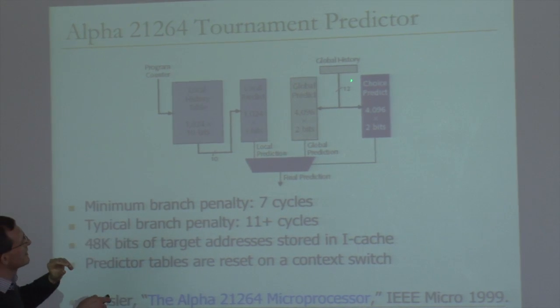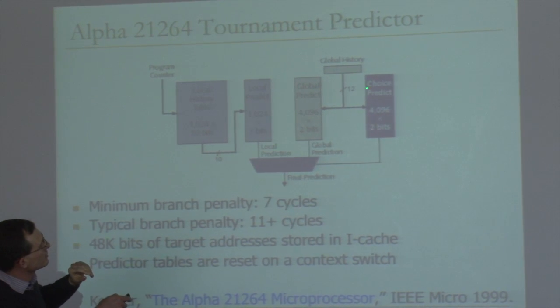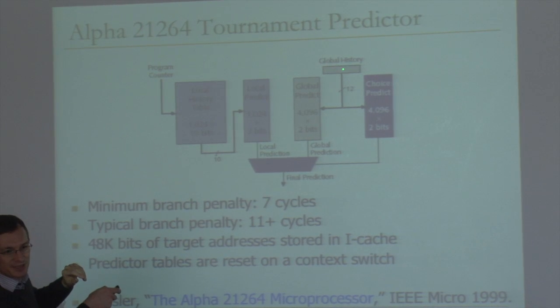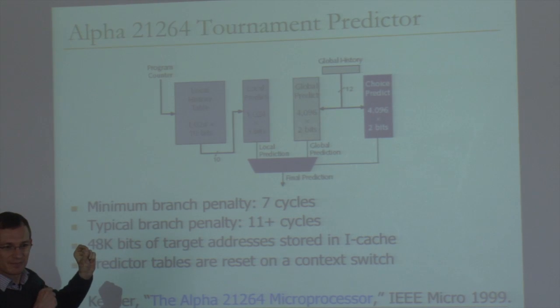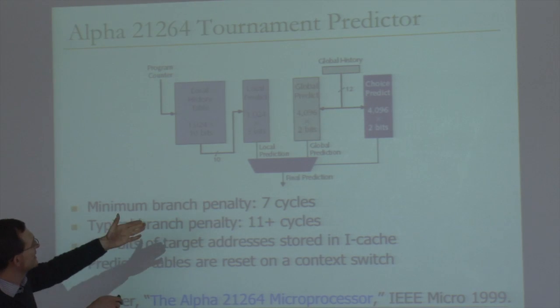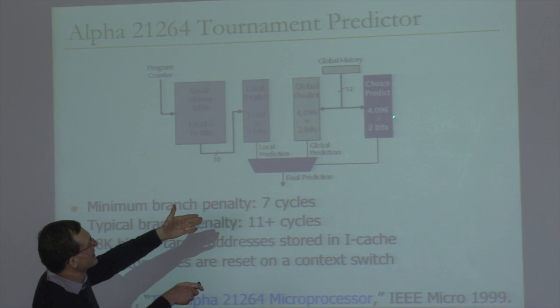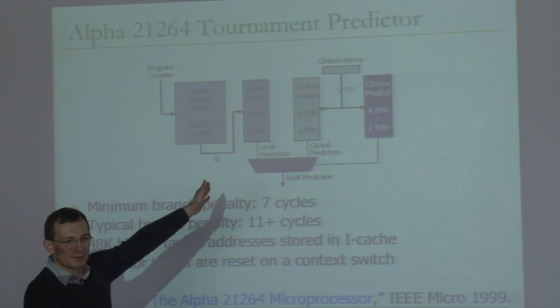How do you make that decision? Basically, the choice predictor is indexed using the global history register, 12 bits. It keeps track of which predictor was correct for this particular global history. If the global predictor was correct, then the 2 bits indicate to pick the global predictor.